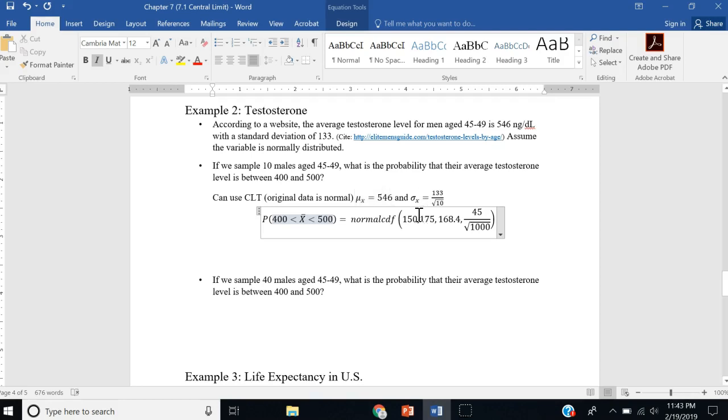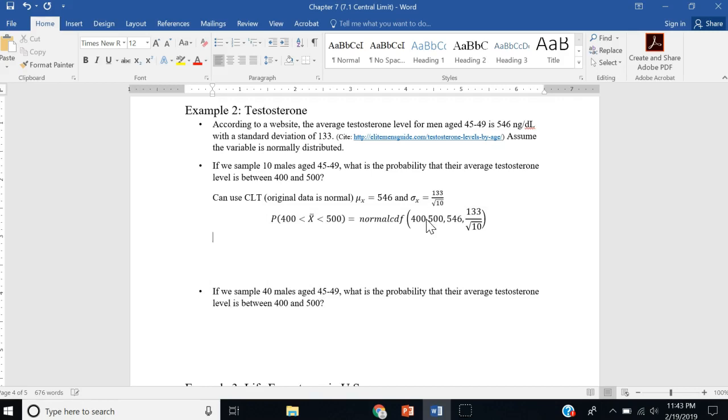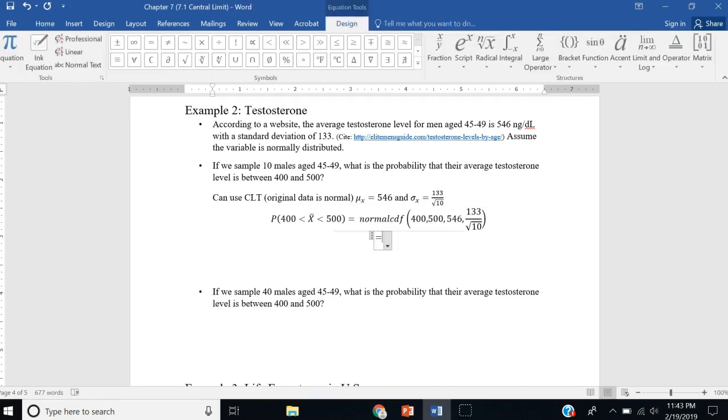So what would that be? Put that into your calculator as normal CDF, 400 up to 500. My mean is 546. And my standard deviation in this case is 133 divided by the square root of 10. And how that comes out on my calculator is 0.1368.